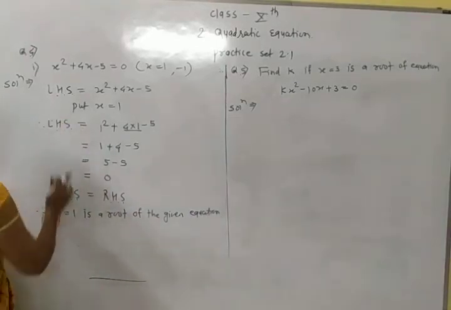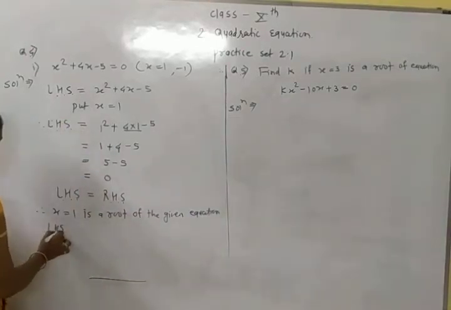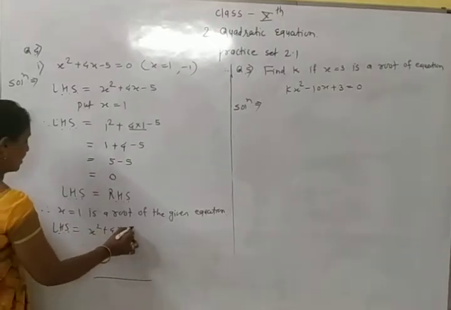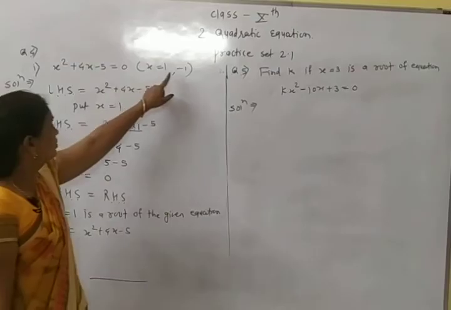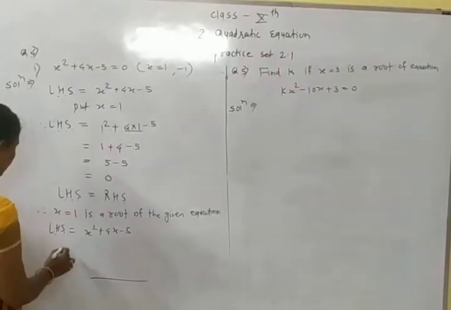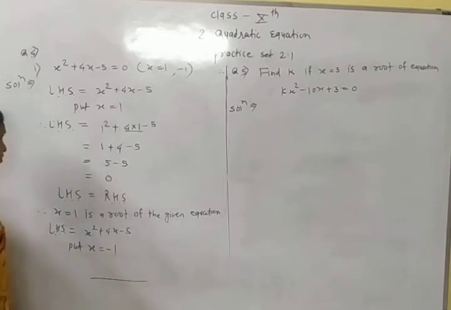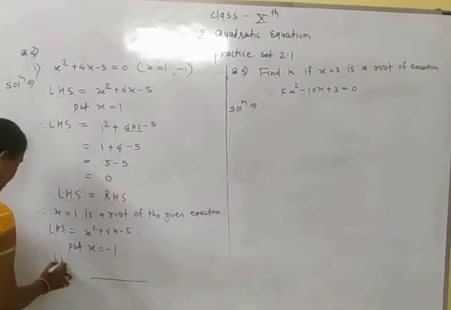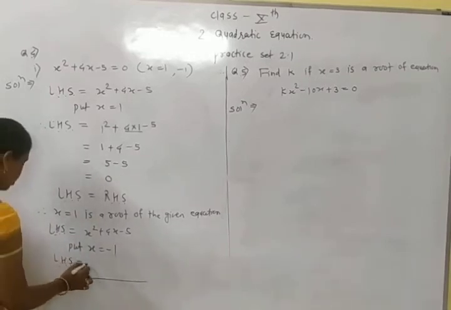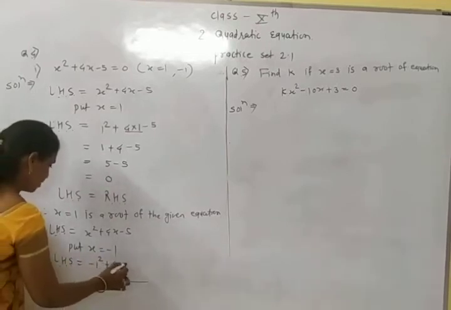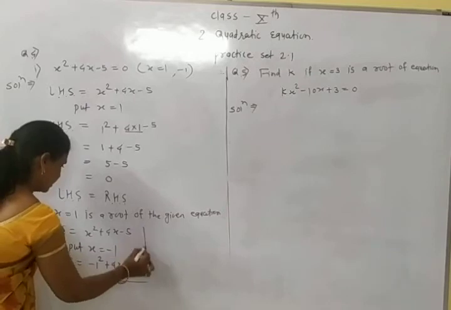Second, again LHS equal to x square plus 4x minus 5. Second value is put x equal to minus 1. Then LHS equal to minus 1 square plus 4 into minus 1 minus 5.